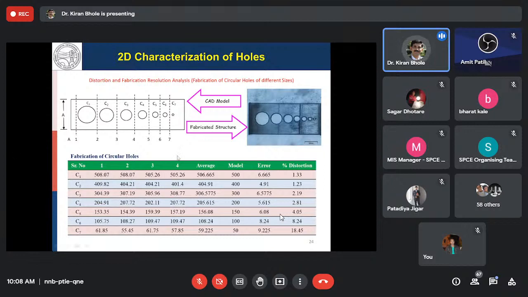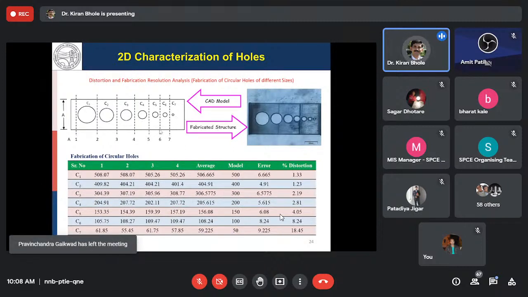He has characterized the system from the error point of view. What he has done is develop a CAD model of circles ranging from 500 micron to 50 micron. C7 is a 50 micron circle, and C1 is a 500 micron circle. You can see the different circles in this dimension range, like 400 micron, 300 micron, 200, and so on up to the 50 micron circle, that is C7.